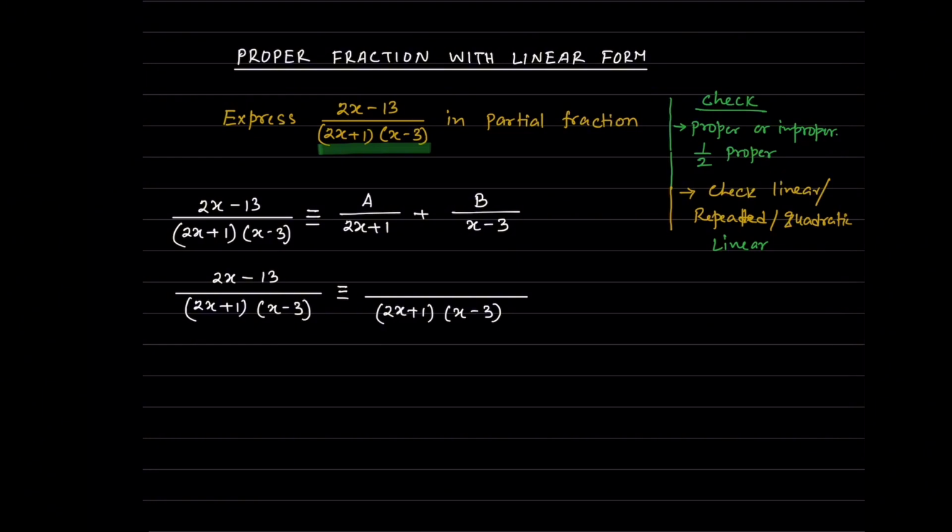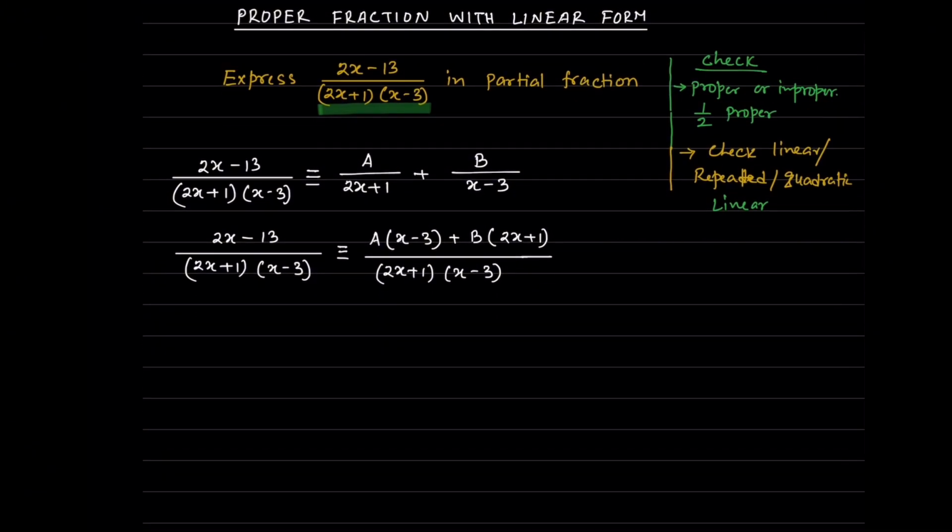And then if we add these two partial fractions, we can write a into (x minus 3) plus b into (2x plus 1). Remember, every step you have to show in your exam paper to get all the marks.